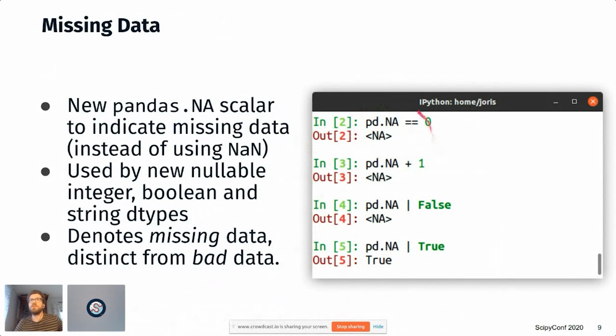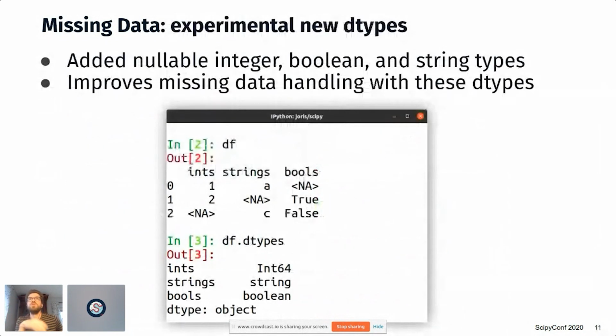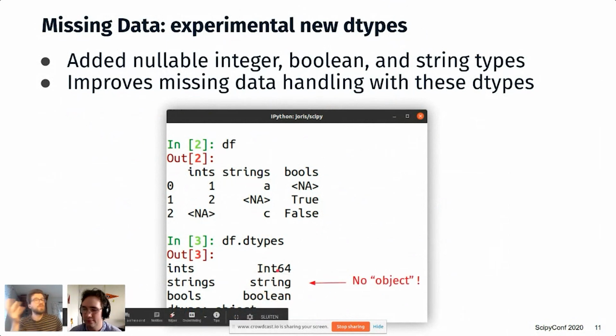For example, in comparisons, it will propagate instead of returning false. It's being used in some new experimental data types based on the extension array mechanism. For example, we have the nullable integer, boolean, and string data types. So you can see here integers without becoming a float, and a string column with an actual string data type and not just an object data type.